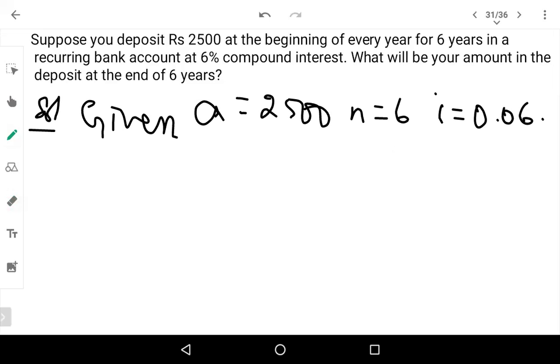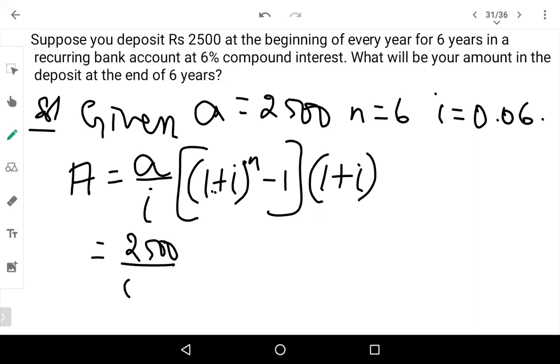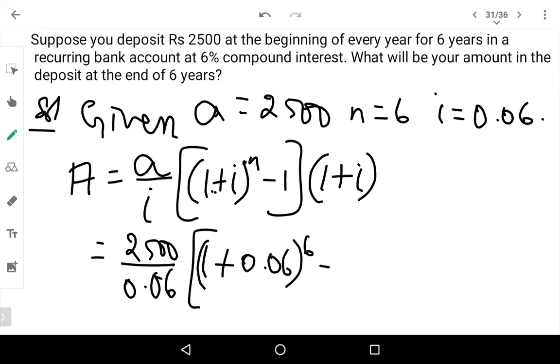So for the beginning of the year, the formula for annuity changes: A is equal to A by I into 1 plus I to the power n minus 1, just multiply this by 1 plus I. So A by I is 2500 divided by 0.06 into 1 plus 0.06 to the power 6 minus 1.